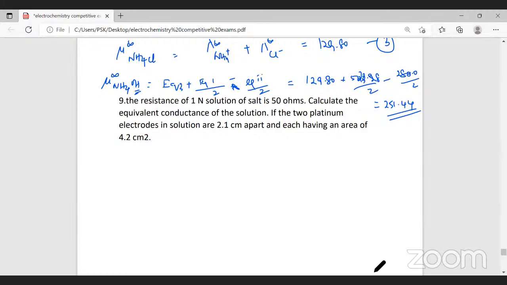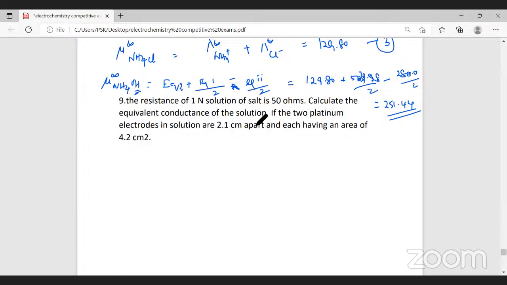The resistance of one normal solution of salt is 50 ohms.